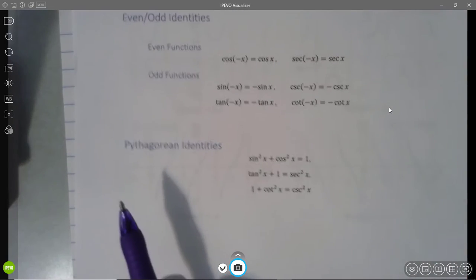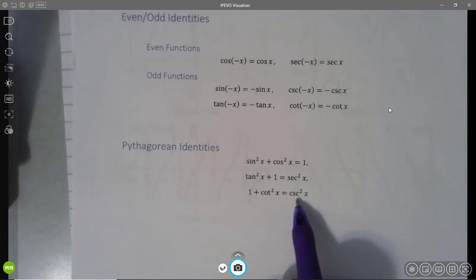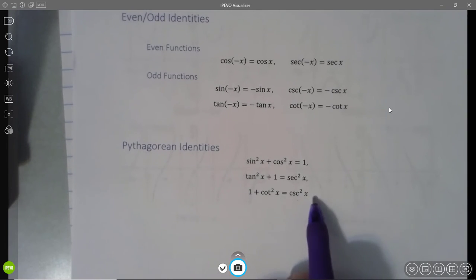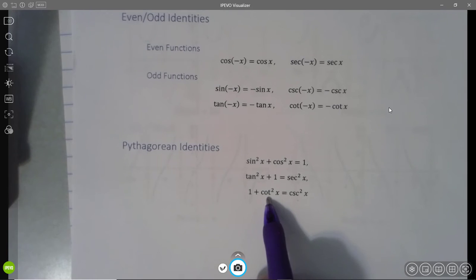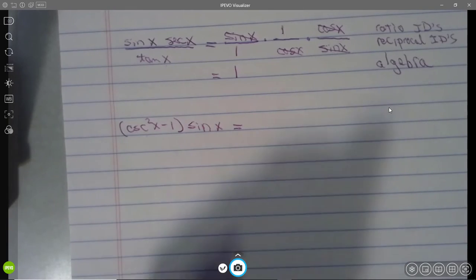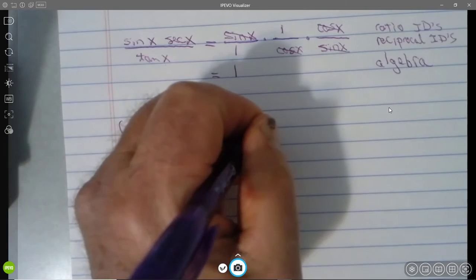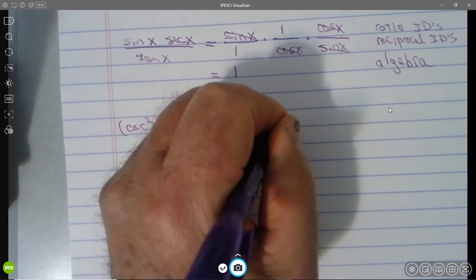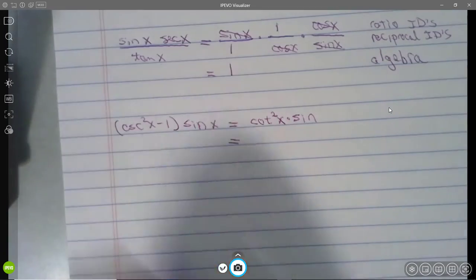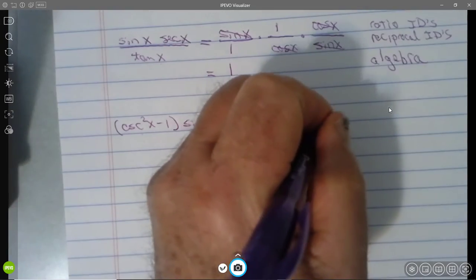Cosecant squared x minus 1. If I took this one right here and put this 1 on the other side, cosecant squared x minus 1 is the same as cotangent squared. So I could switch that one on the first step. Cosecant squared minus 1 is the same as cotangent squared, and then times the sine of x.